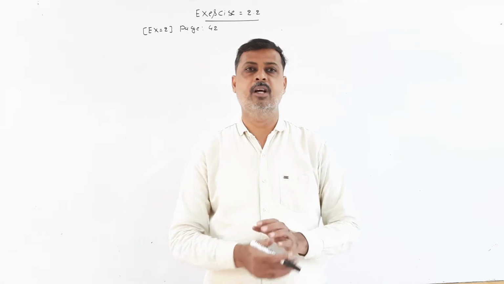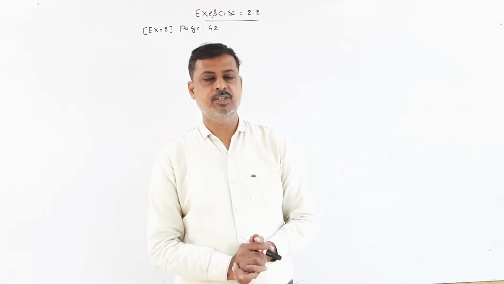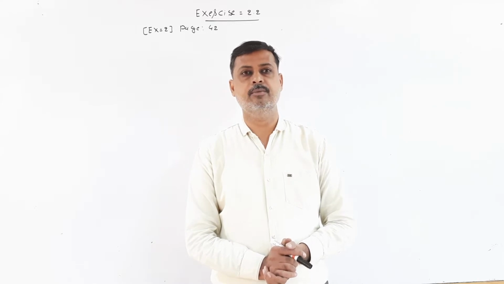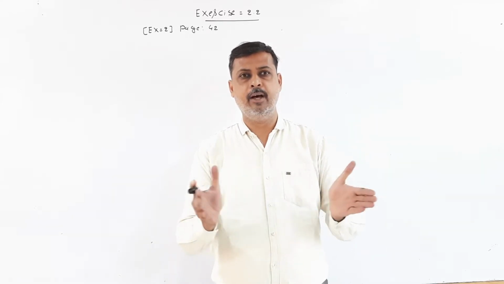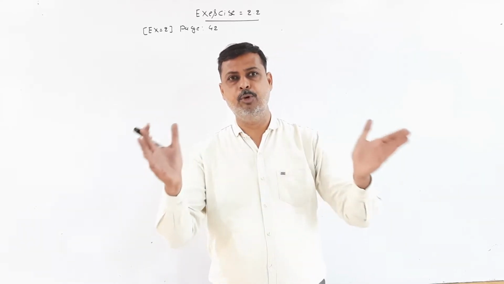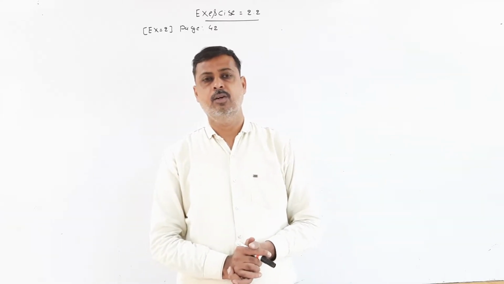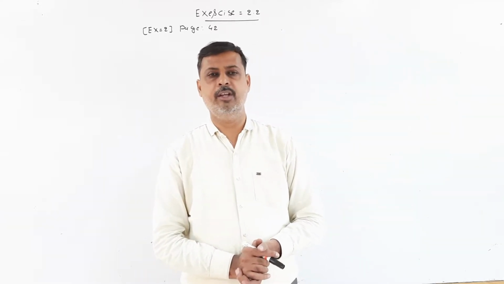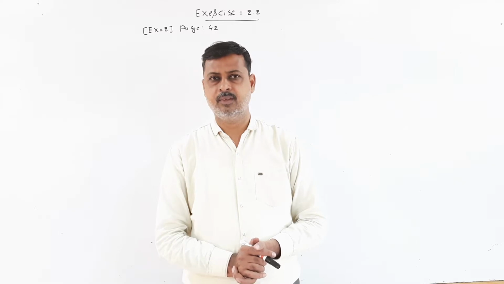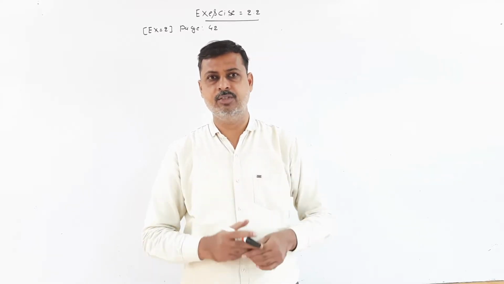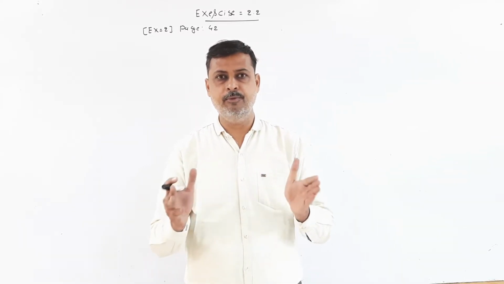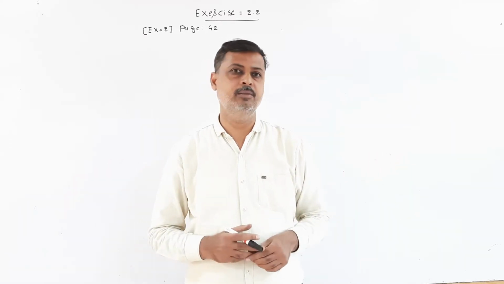So in this example, 1600 employees are working in an office, and we have to arrange this information in a tabulation form. Whenever we have to create a tabulation, we need to know which type of information is given in this example.